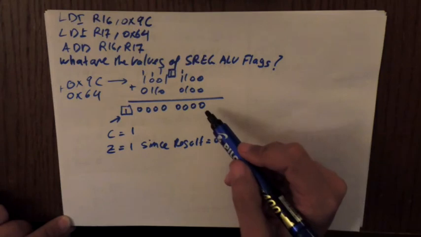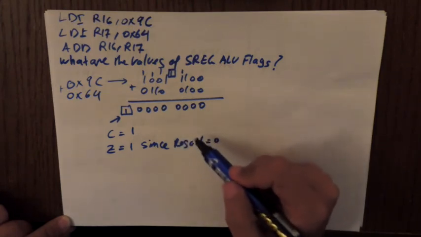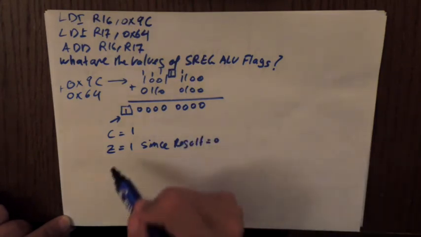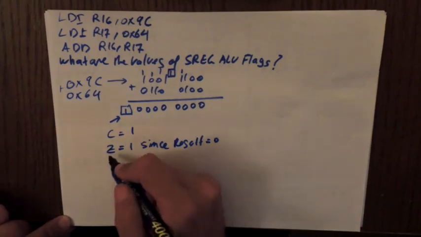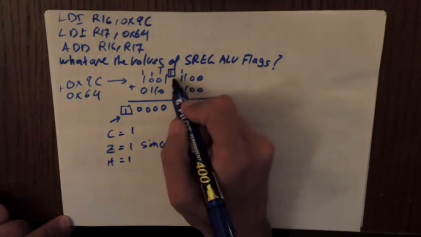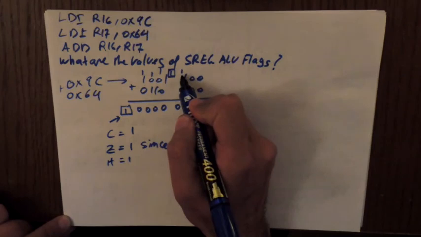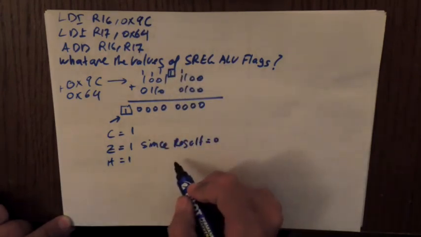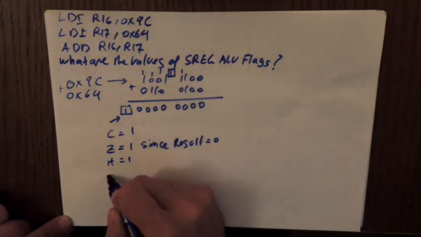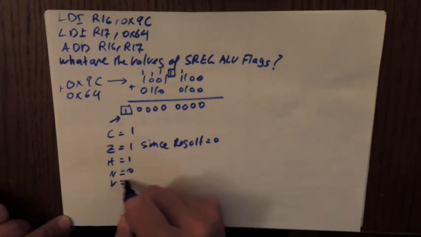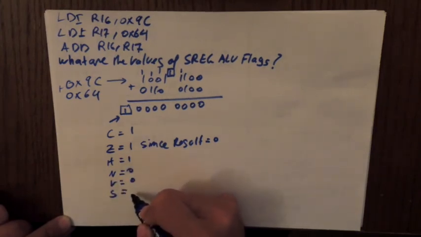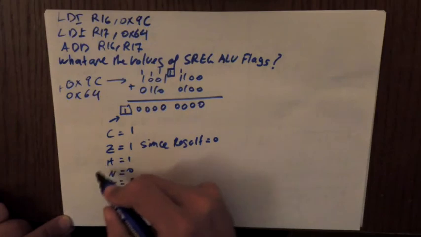It rhymes, but no, it's not the case. If the result is 0, then the Z bit is equal to 1. The half carry is equal to 1, as we see here, the carry from D3 to D4. Then the negative is equal to 0, there is no overflow, and the sign bit is equal to 0.